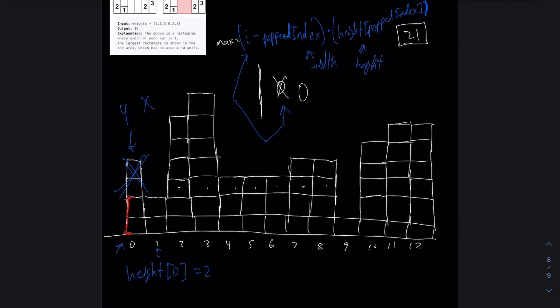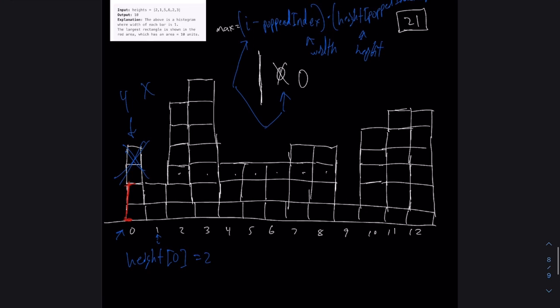And then, the whole reason why it works is because we know we're always going to be dealing with a monotonically increasing stack, which means if we had multiple items of height 4 over here, if there are duplicates, I'm not going to change the stack at all. But I'm going to be referencing the very first index where the height 4 occurs. And then that will be what the popped index is.